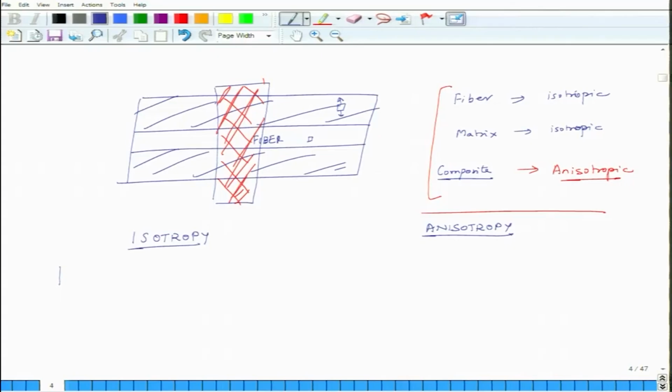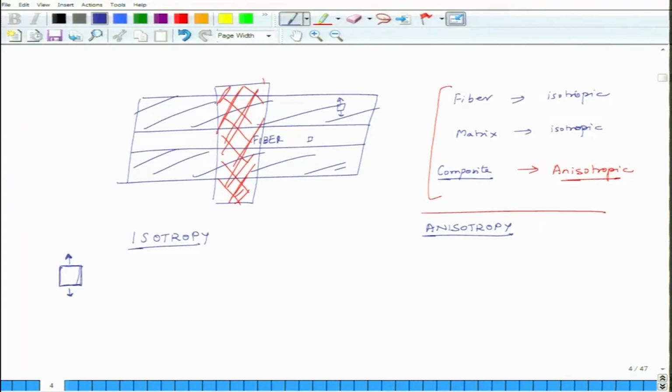So, first what we do is take a rectangular slab of isotropic material and we pull it, okay. So, when I am pulling it, this rectangular slab of material experiences a tensile stress.